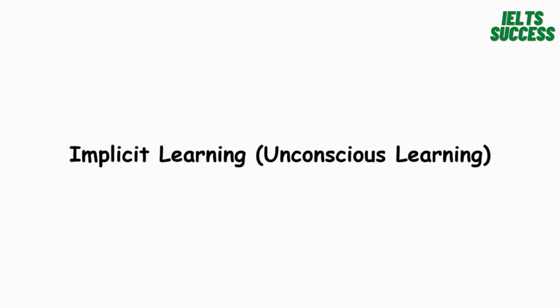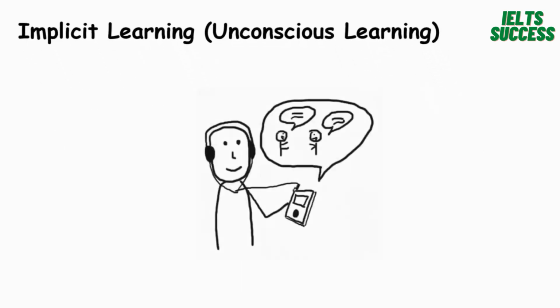The second type of learning is called implicit learning or unconscious learning. In implicit learning, the learner doesn't know what is being learned. Oftentimes, he's not even aware that he's learning something. The learning happens unconsciously. One example of implicit learning is listening to a conversation in English. When you listen to a conversation, your main goal is not to learn English, but to understand the conversation.